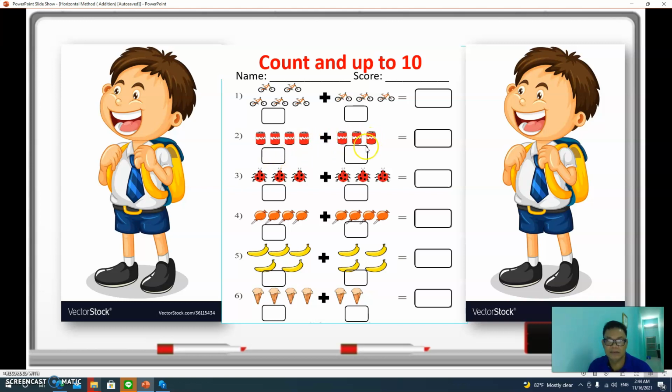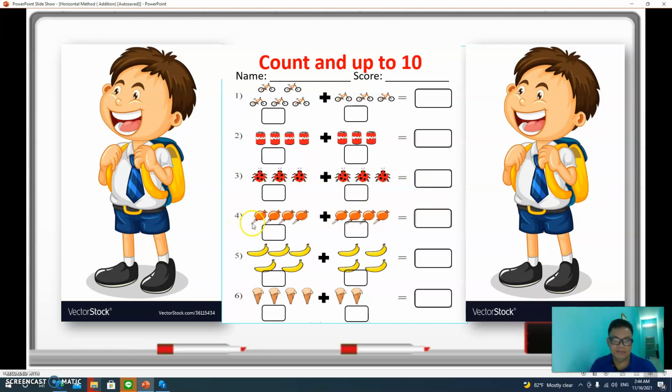So 4 plus 3 equals 7. We proceed to number 3. It is a ladybug. 1, 2, 3. 3 plus 1, 2, 3. 3 plus 3 equals 1, 2, 3, 4, 5, 6. So 3 plus 3 equals 6.